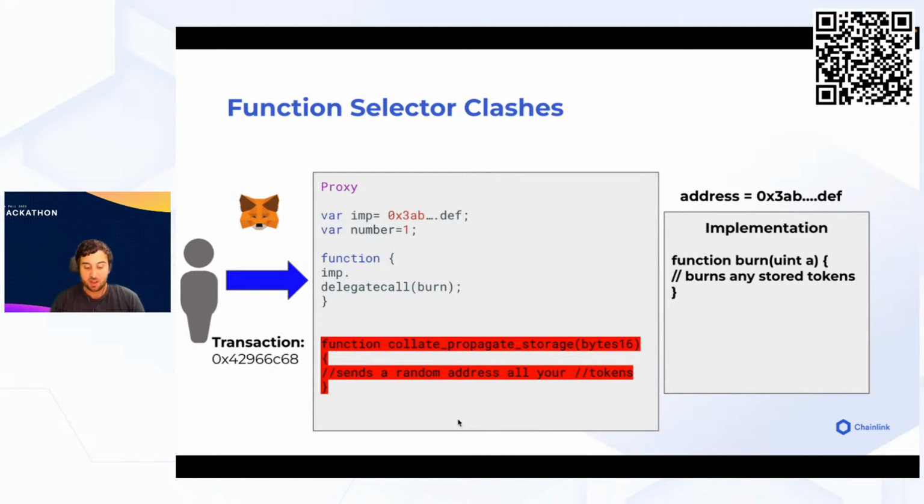But instead, it runs collate propagate storage, and unfortunately, this function sends the user's tokens to another address. So now when they thought they were running some function on the implementation, they accidentally called collate propagate storage, and they lost all of their tokens, right? So this obviously caused not good things to happen to our user, unexpected behavior.